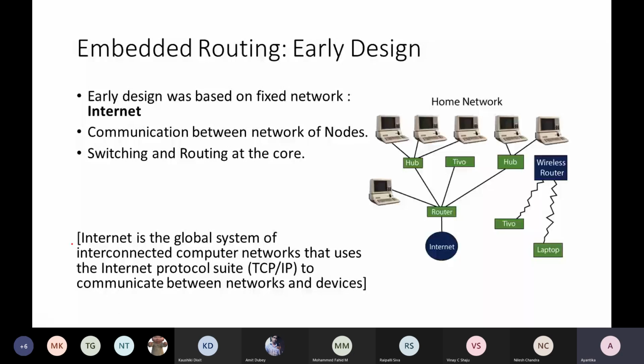Router means what? Maybe a connector you can think of, which contains some routing algorithm. Routing algorithm means your network is very fast when multiple LANs, multiple local area networks, are connected. Local area network means few nodes are connected to them.